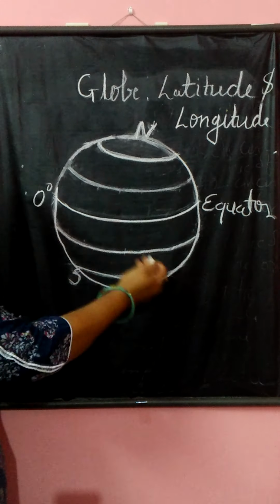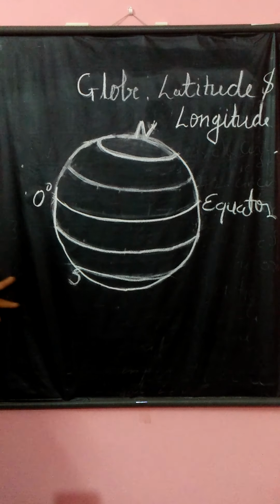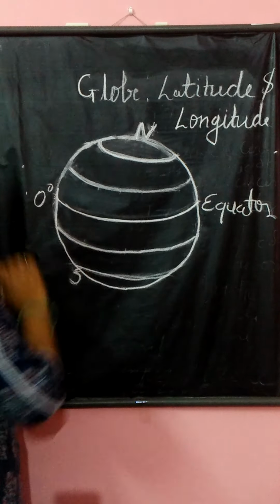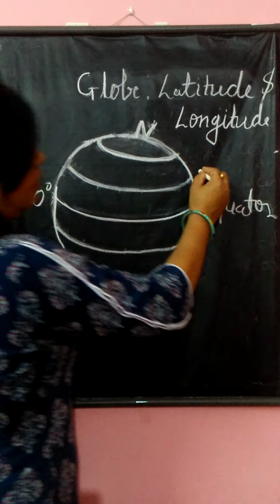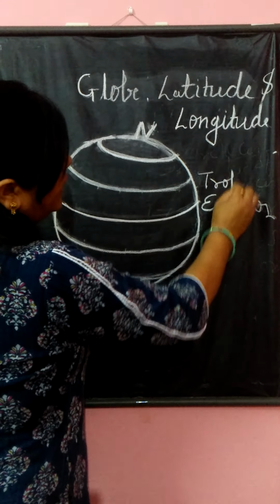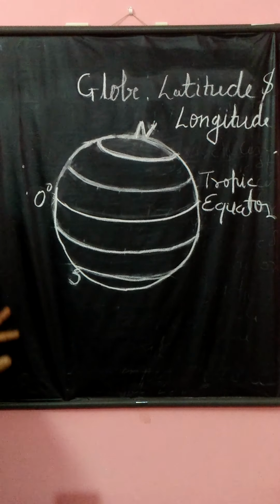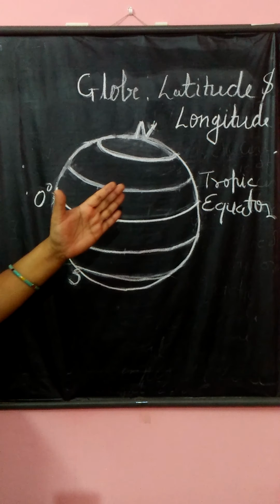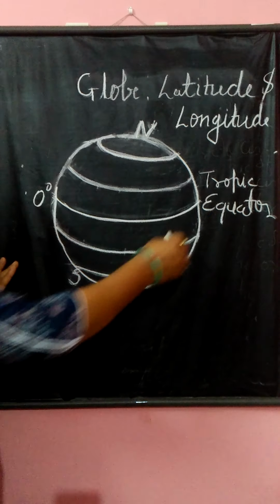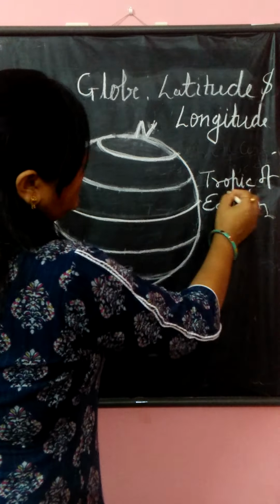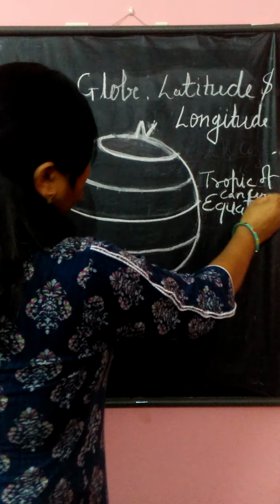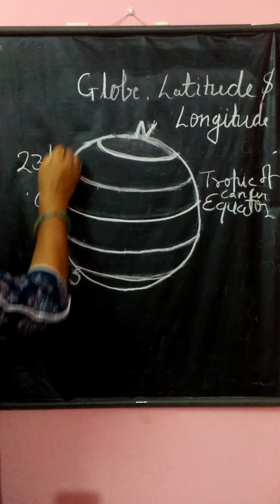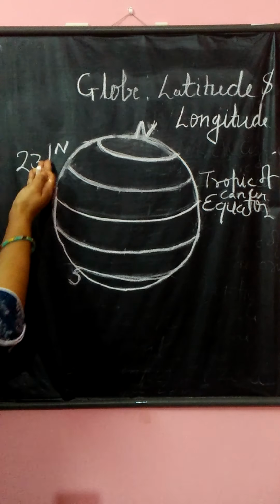And you are seeing some imaginary lines, and that is called the Tropic of Cancer. What is the Tropic of Cancer? Actually in our latitudes, there are five important parallel lines: first the equator, second the Tropic of Cancer, which is at 23 and a half degrees north.